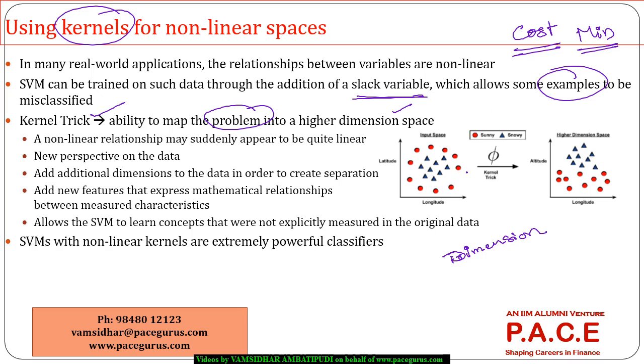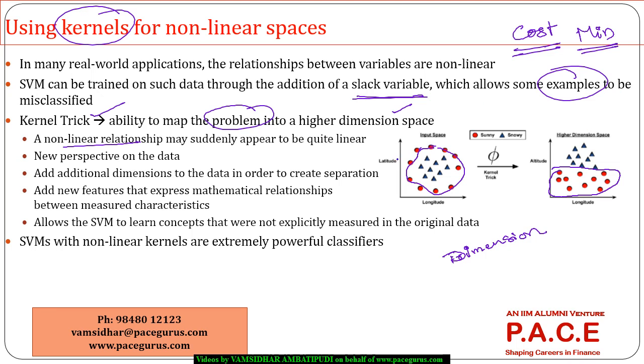So by doing some kind of transformation, the non-linear relationship, now here you could see that all the red ones are following somewhat the shape of a circle, which is a non-linear relationship. But by doing some kind of transformation, some kind of kernel trick, I could see that they are quite comfortably separable out here.